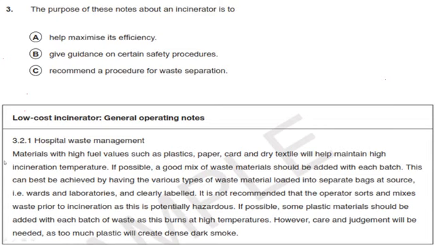And what about A? Help maximize its efficiency. I think now it is the correct answer. Okay, could you tell me why you feel that this is the correct answer?